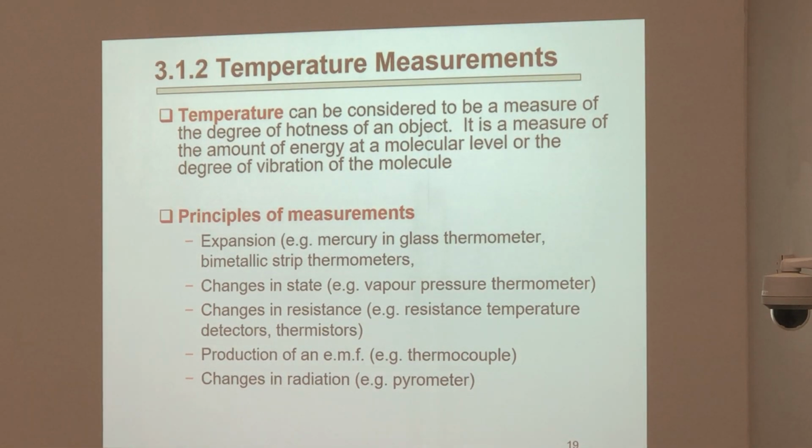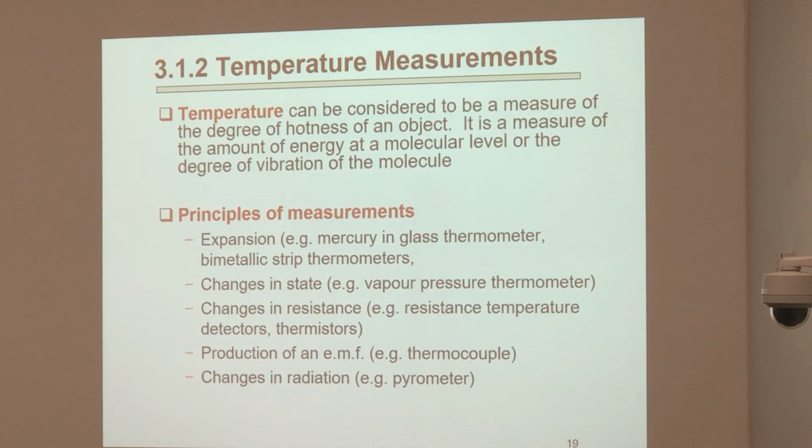Change in state. State here means the phase of the material. For example, the vapor pressure thermometer. If the thermometer's material is originally in liquid form, when the temperature increases, it changes to gas phase, and the change to gas phase will increase the volume, things like that.